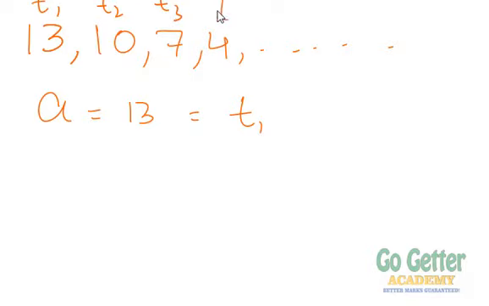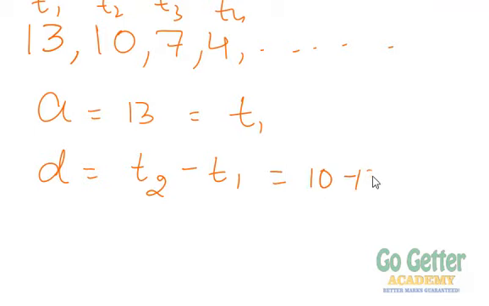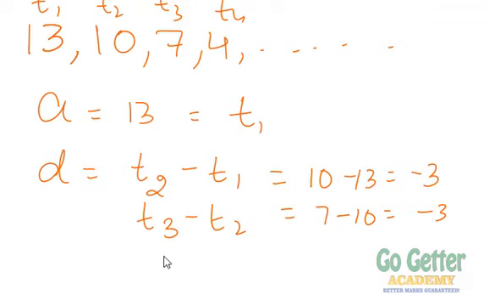Now in order to find the common difference D, I'll do T2 minus T1, which comes out to be 10 minus 13, which is negative 3. Or T3 minus T2, which is 7 minus 10, which is again negative 3. Or T4 minus T3, which is 4 minus 7, which is again negative 3. I'm seeing that my difference is common everywhere.